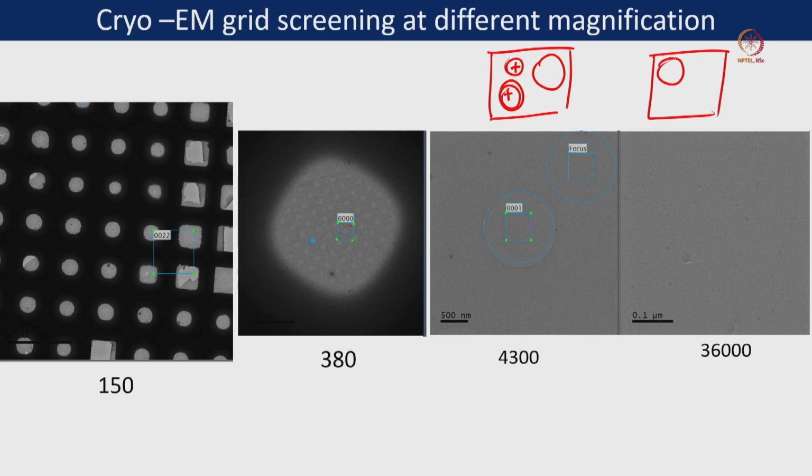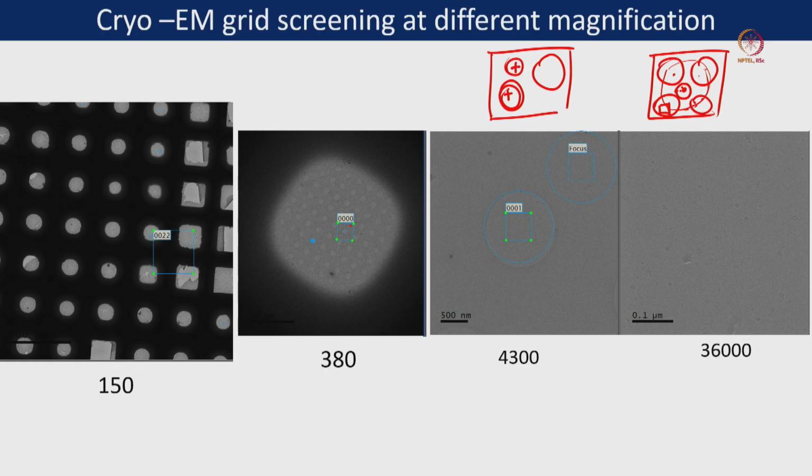So if there are two holes here, we are targeting to focus somewhere here. This focus beam diameter should not touch any hole, and then we are imaging in this particular area. If the focus beam diameter is very big and it exposes all the holes, it is going to damage all the ice.